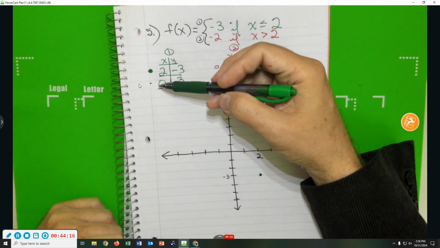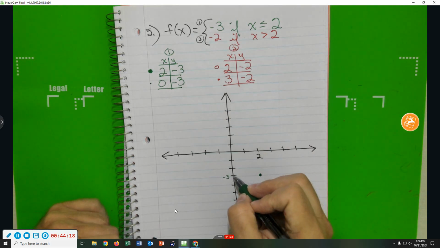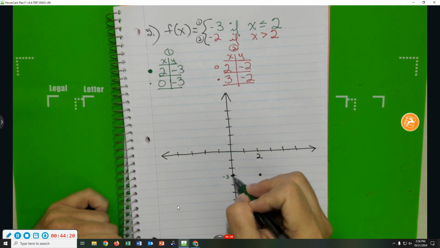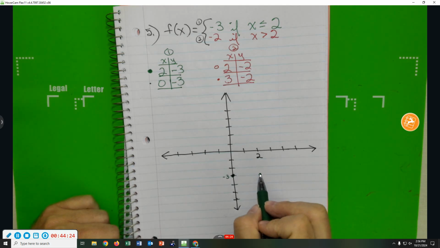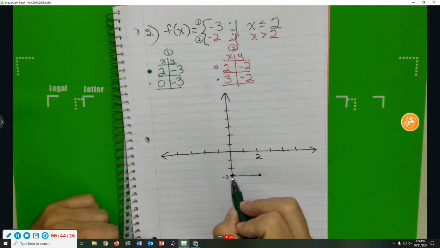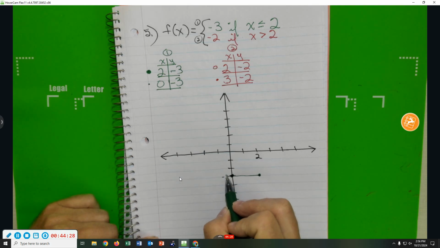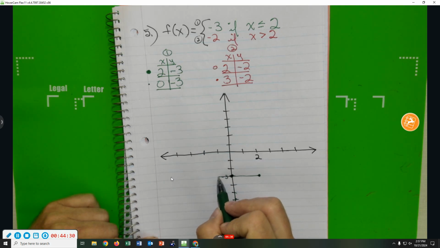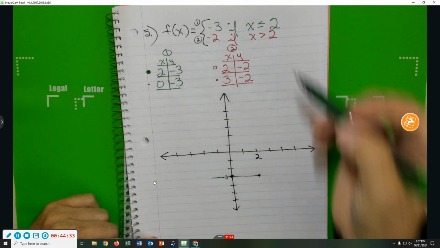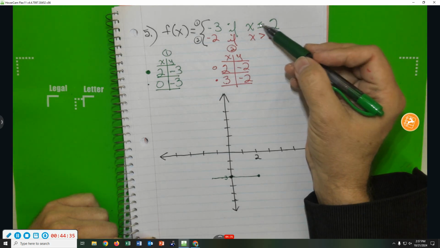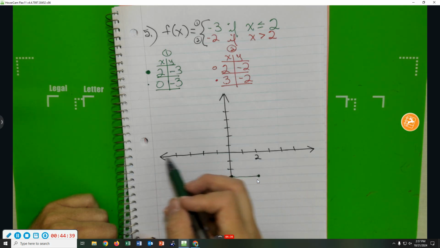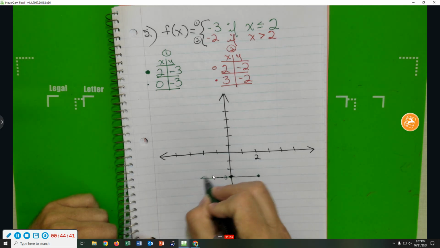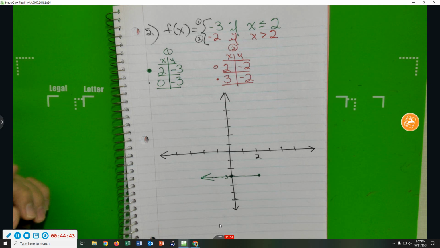And then 0, -3, that's right here on the y-axis. It starts at the cut point, it goes to the left. Does it keep going or does it stop? Does this interval x less than 2, does it ever stop? No, it never stops, so the left side of the graph never stops going.